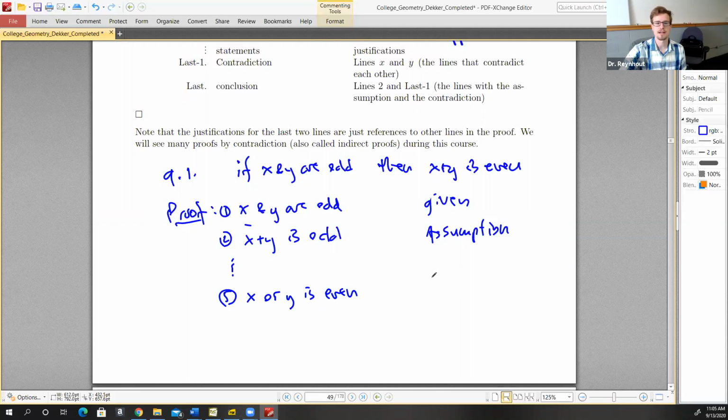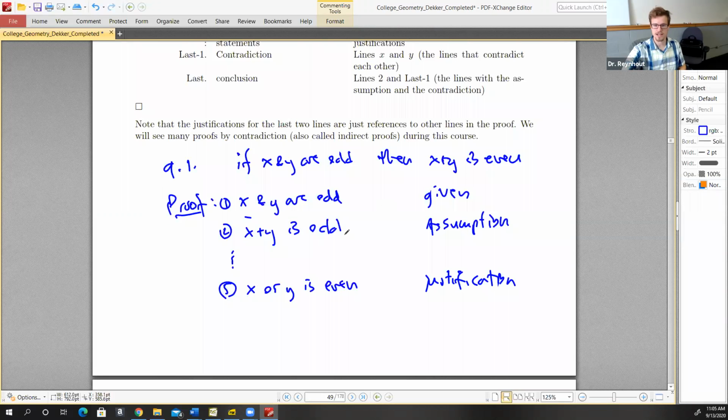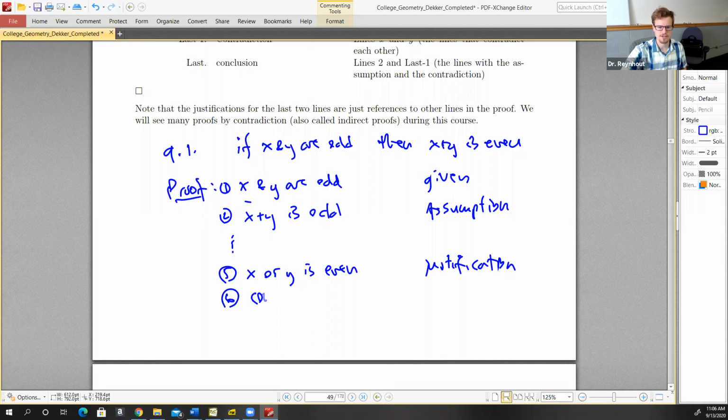So we would label it, we give whatever justification that we need. Here in line 6, we say contradiction. Lines here, x and y are odd, and this one says x or y is even, so lines 1 and 5 contradict each other.